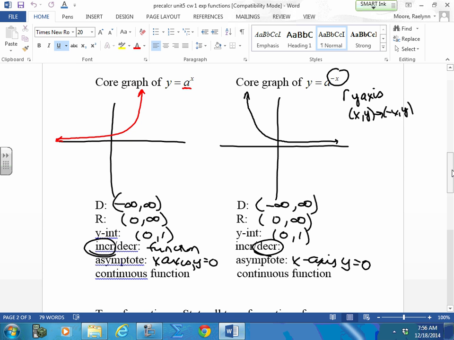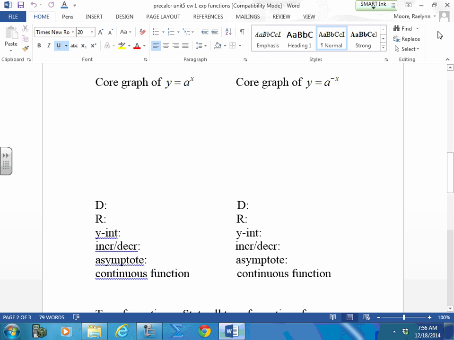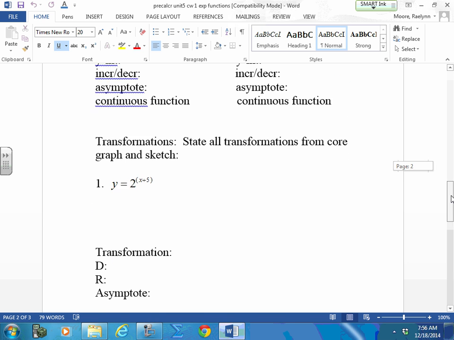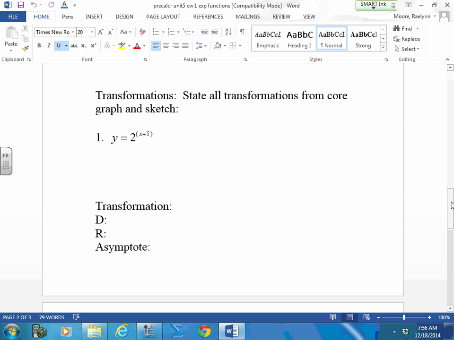Now, your transformations work right off of these. And when we do your transformations, we're going to keep track of where's your asymptotes, where's your point that we intersect, because that's a good point to use to see where it's moving to. So your transformations behave the very same as your other ones. We're going to start with your parent graph.